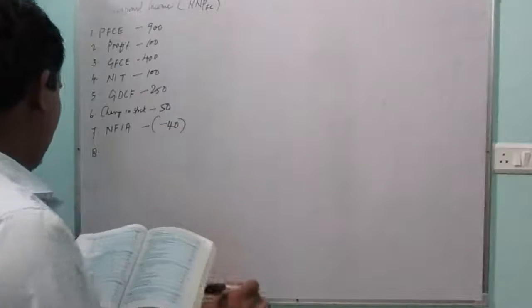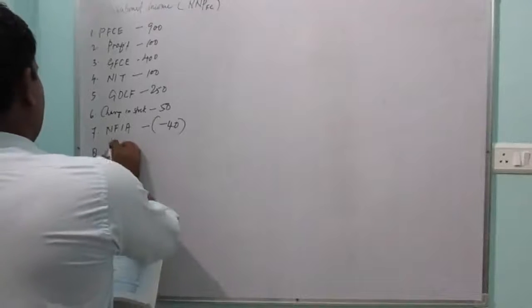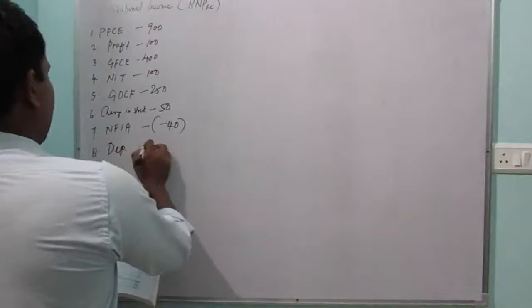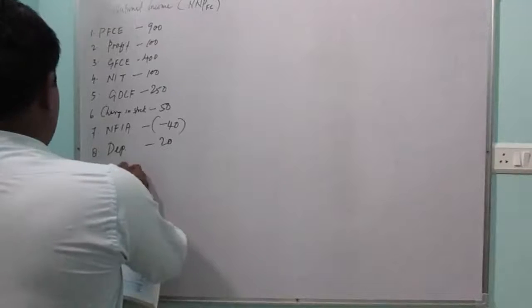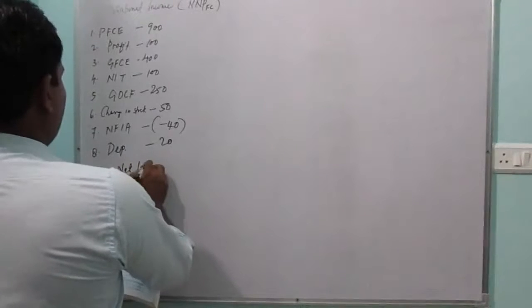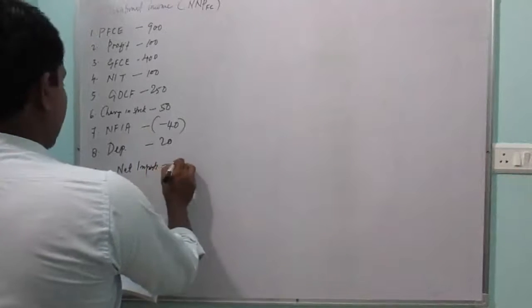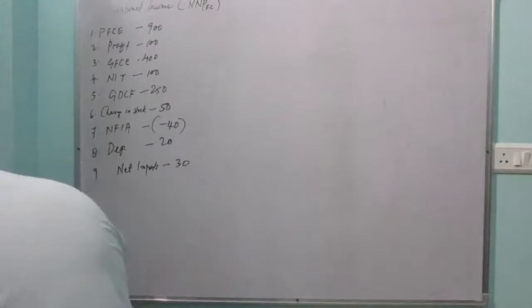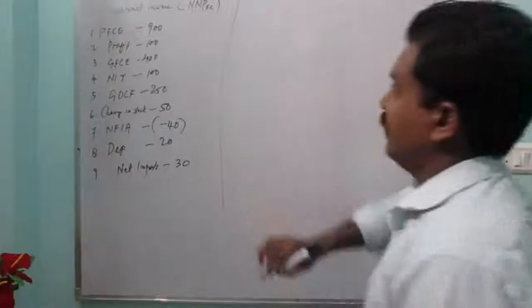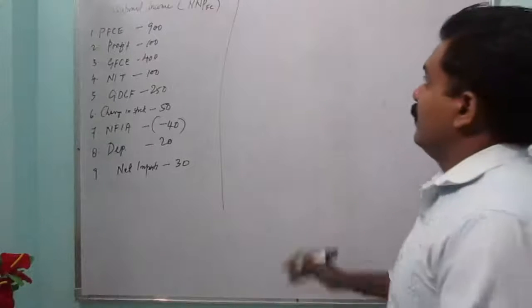8. Consumption of fixed capital, depreciation, 20. Net imports, that is 30. So this is what we need to calculate. Particulars are given.